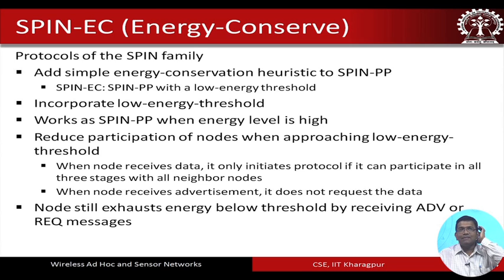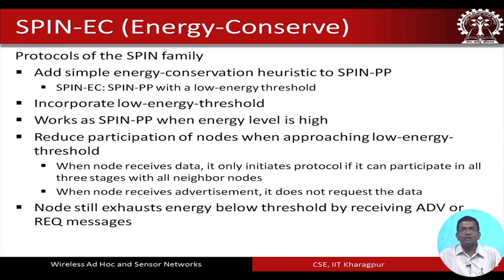The SPIN-EC protocol is a very popular specific protocol, the energy conserving SPIN protocol, which, as the name suggests, adds a simple energy conservation heuristic to the basic SPIN protocol. And the SPIN-PP protocol is a low energy SPIN protocol.